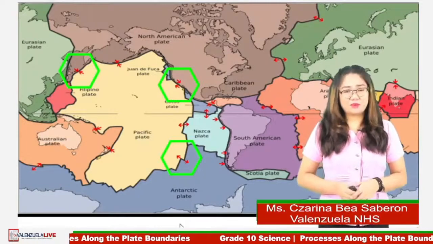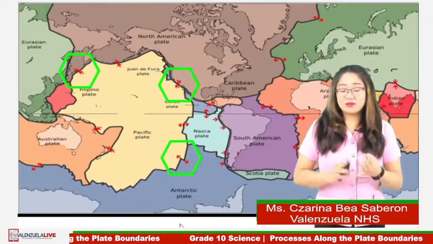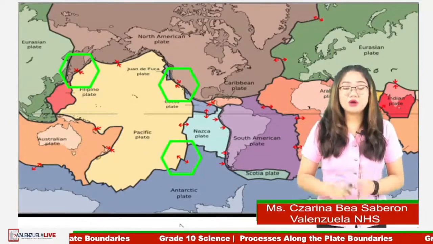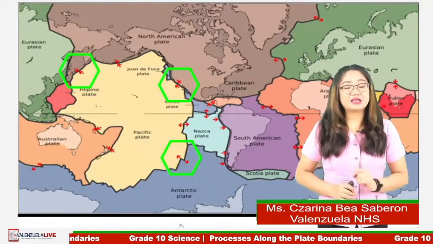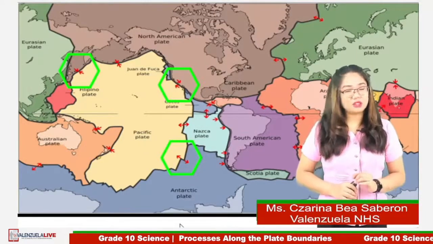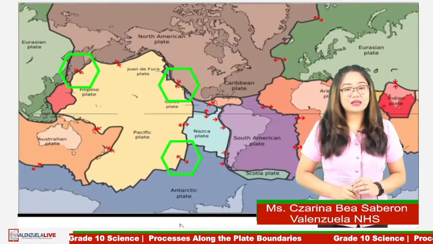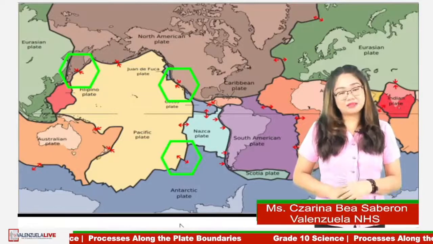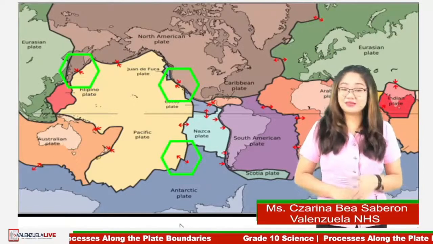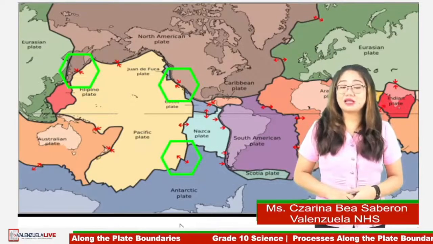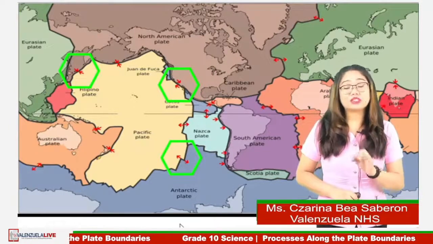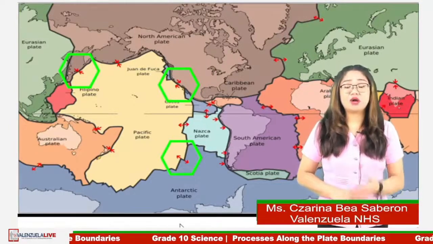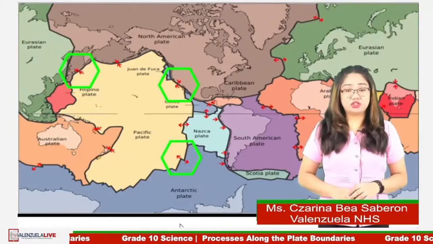And if you could remember, mountains, volcanoes, and earthquakes all occur at the edges of the plate boundaries, which gives us a hint that plates do really move, and that there are different mechanisms and several processes and activities happening along the edges of the plate boundaries, which leads to the formation of the 4 mentioned geological features.